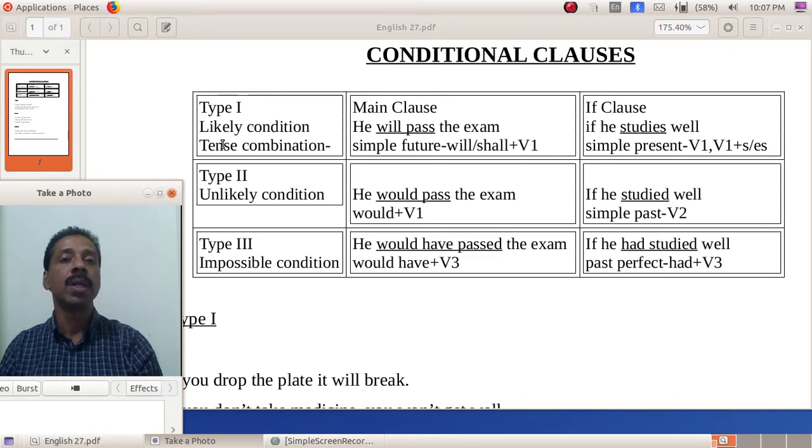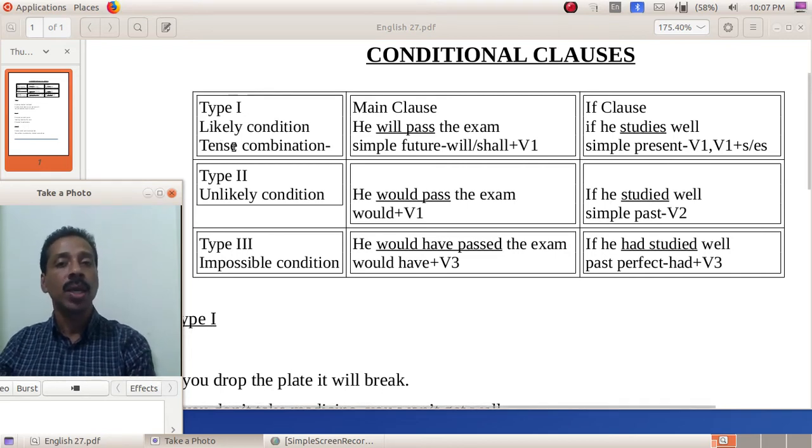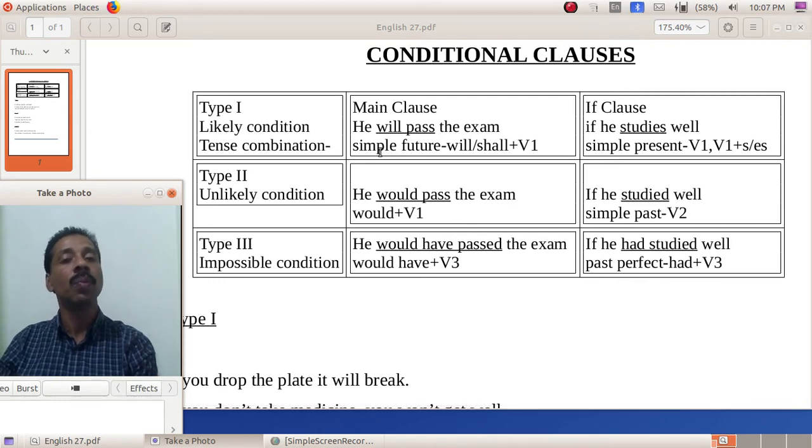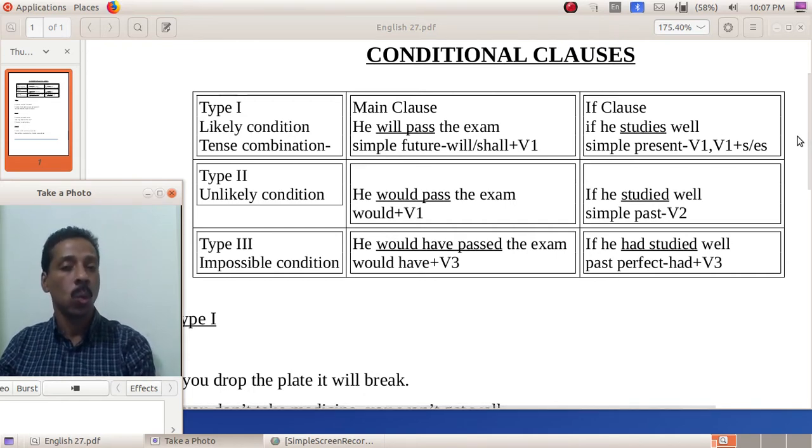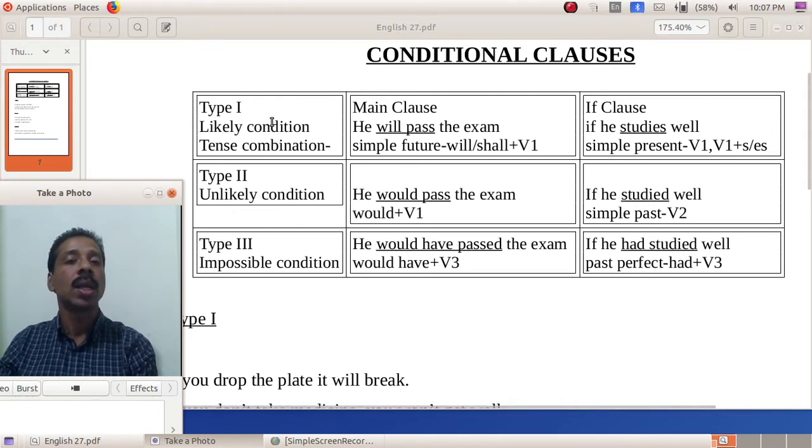For example, consider the sentence: if he studies well, he will pass the examination. Or we can say it the other way also: he will pass the examination if he studies well. It is an example for type 1 conditional clause. So what's the idea behind it?